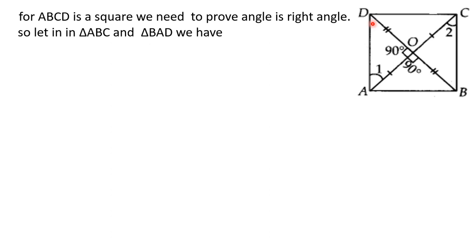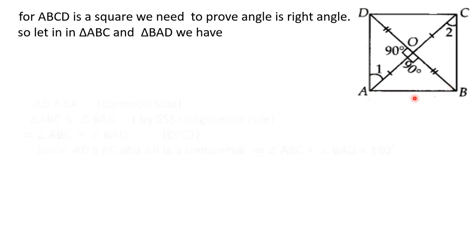The remaining part is that we have to prove this is a square. By the property of a square we know that angles of a square are 90 degrees. So now we have to prove these angles are 90 degrees. For proving this, we take two triangles, triangle ABC and triangle BAD, where the base is common for both.